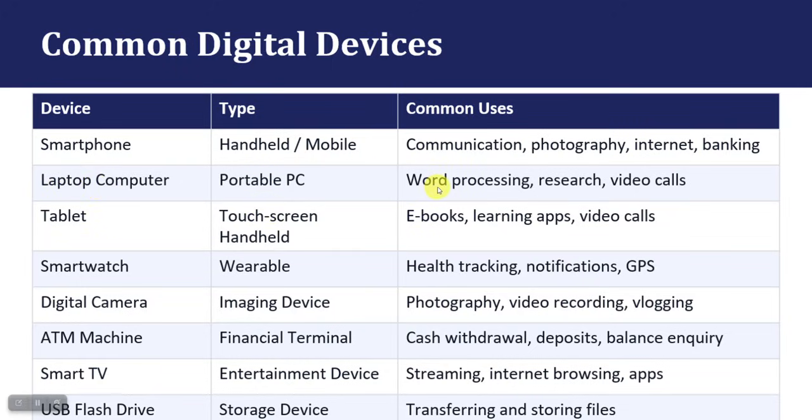You can use it for word processing, research, video calls. Tablet is also a touchscreen handheld, used for ebooks, learning apps, video calls. So you can see all these digital devices, their type, and their common uses. Notice something? Digital devices are not just computers and phones. They are all around us in forms we don't always think about.